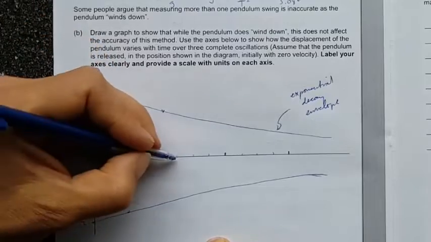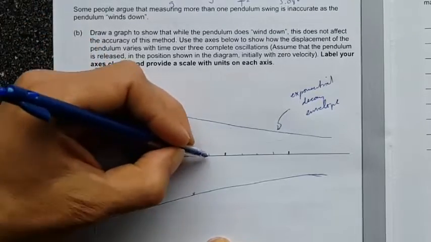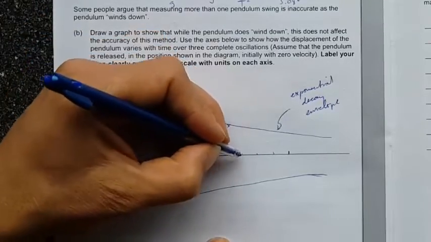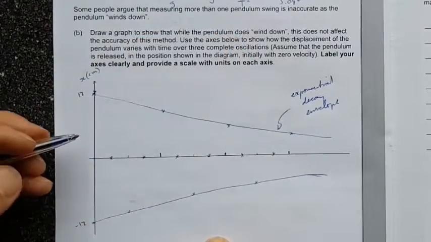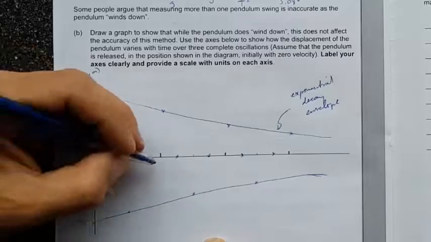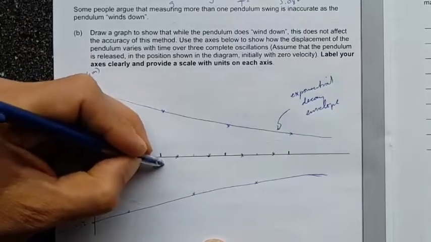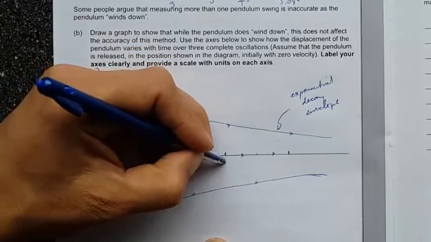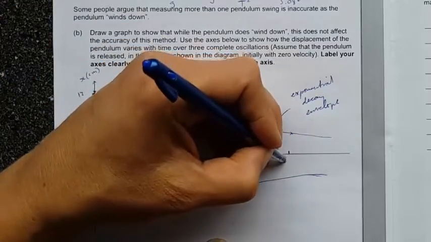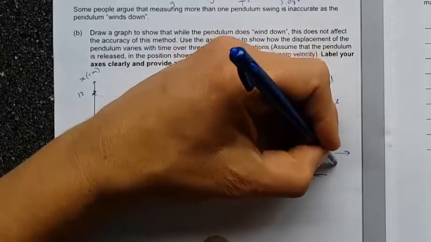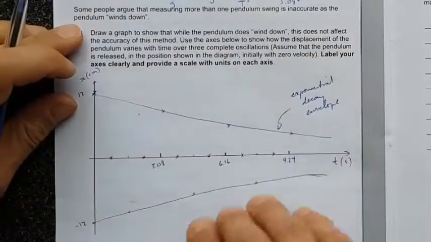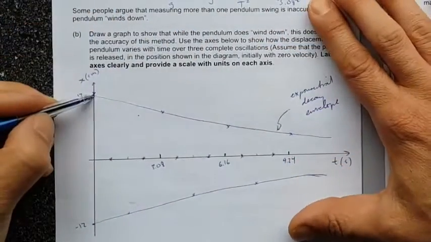This is first oscillation, and then the second, and then the third. Okay, and it's important that we show that the period remains constant. We'll label that as well. That's 3.08, that's 6.16, and this is 9.24, and this is time in seconds. And then we draw in our sine curve as best we can.